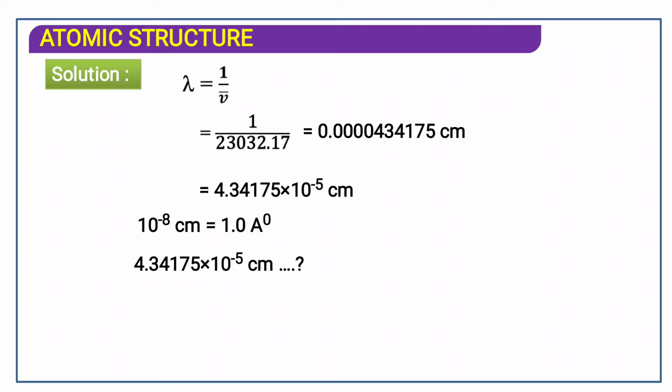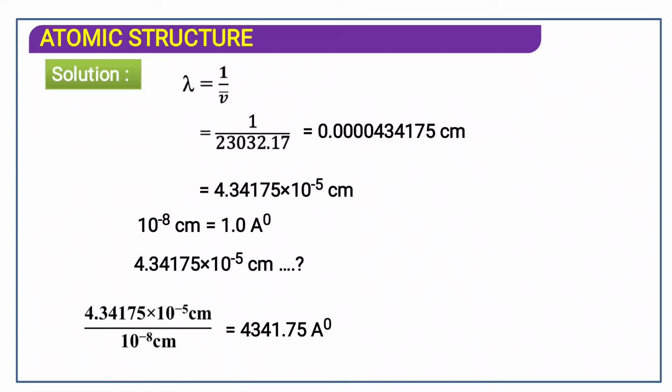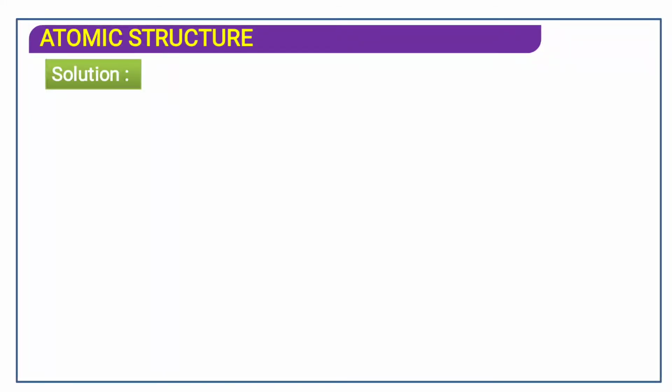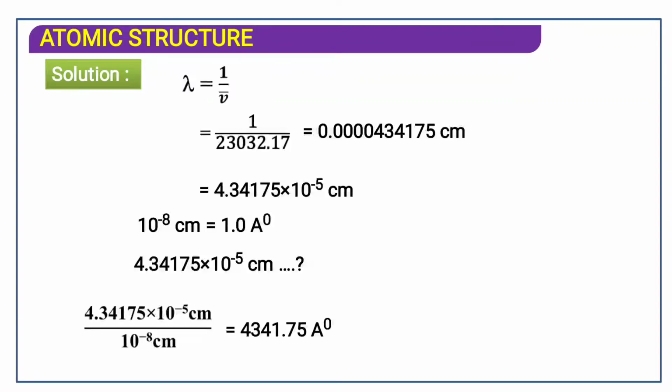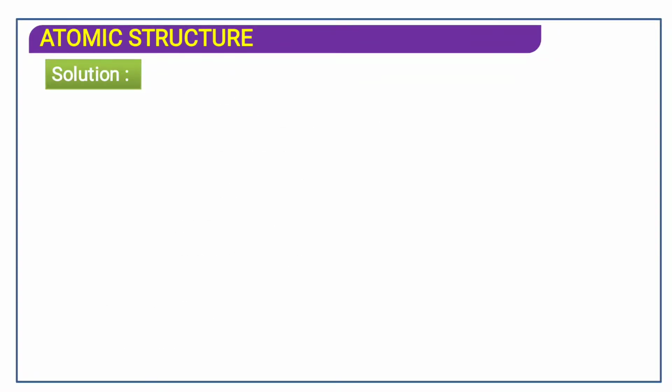And as 10 raised to minus 8 centimeter is equal to 1 Angstrom, we cross multiply, so ultimately we get the wavelength lambda as 4341.75 Angstrom, about 4341 Angstrom.